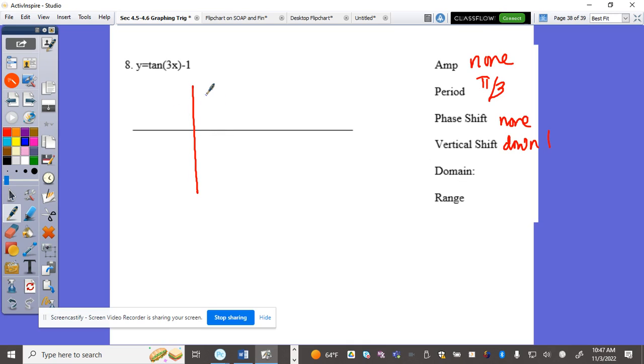So we know the tangent starts at negative pi over 2 to pi over 2, right? So if it's 3x, it starts at negative pi over 2, so you know here the starting point is x equals negative pi over 6. So this is negative pi over 6. Okay. The period is pi over 3. So for you to get the other part, you know that you have to add the period here to get the end of the asymptote or the cycle.